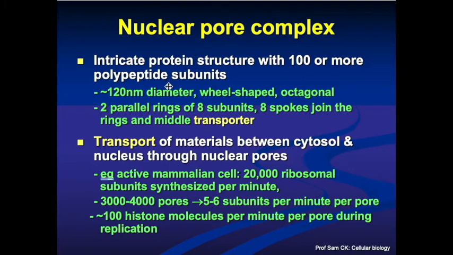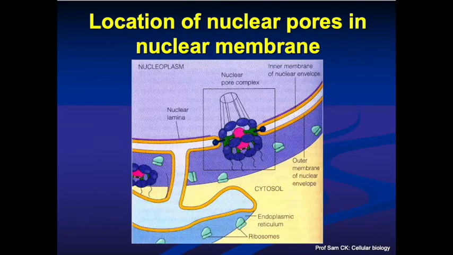The nuclear pore complex has an intricate protein structure with 100 or more polypeptide subunits. It is around 120 nanometers in diameter.